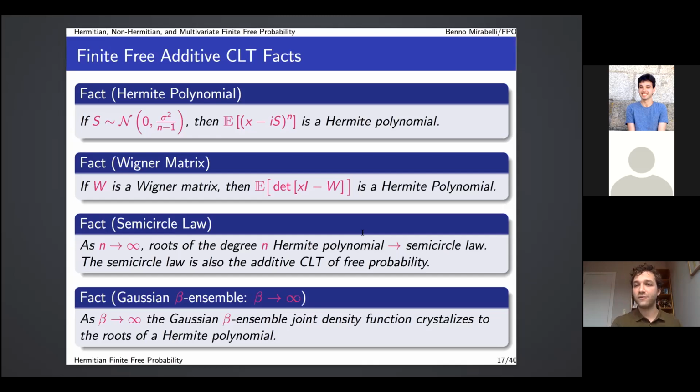So our finite free additive central limit theorem converges to the free additive central limit theorem, as we might want, and it's related to physics through Gaussian beta ensembles, which relate to quantum energy levels of heavy atoms with heavy nuclei, and it's where that distribution crystallizes to the roots of the Hermite polynomial as beta goes to infinity. And I say crystallizes because sending beta to infinity is like sending temperature to 0. So they freeze to the roots of the Hermite polynomial.